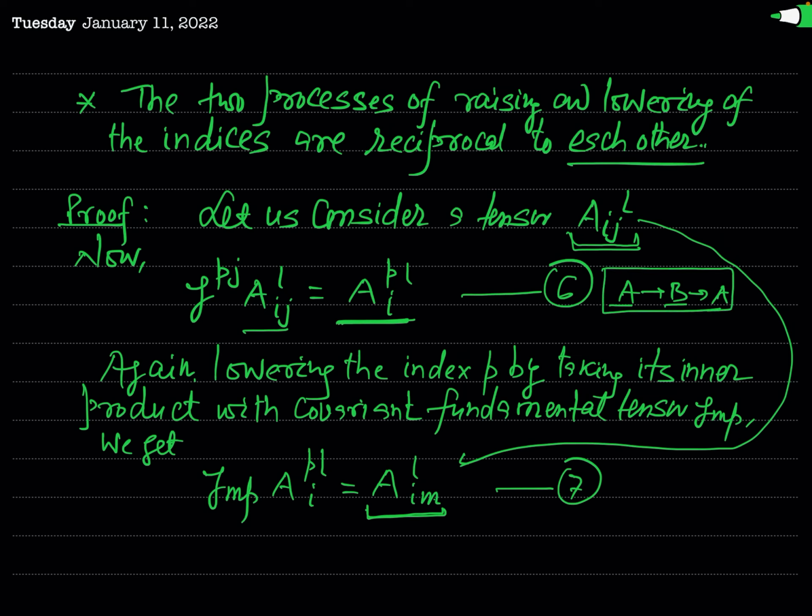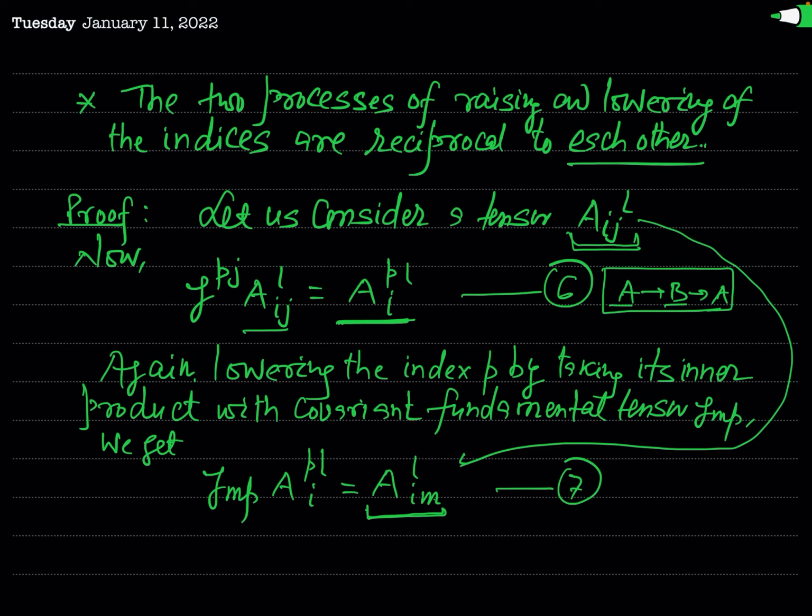And that's why we simply say that the two processes of raising and lowering of indices are reciprocal to each other. And as I have told you, it means if the index is first raised and then lowered, or first lowered and then raised, then we get the original tensor. So I hope you have understood this very important fact.